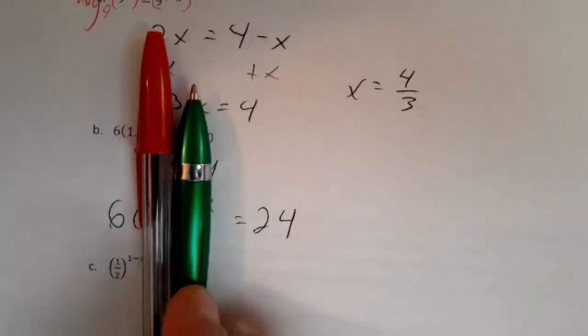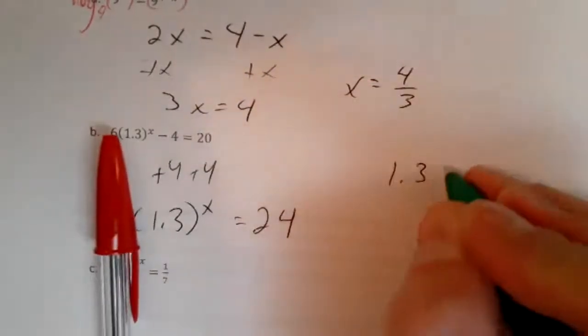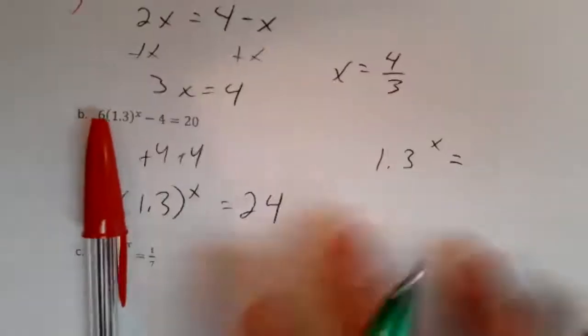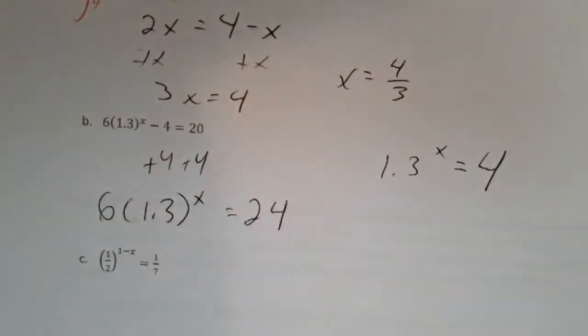The next thing I want to do is divide by that 6. And so I'm getting 1.3 to the x is equal to 24 divided by 6, which gives me 4. And now I have that exponent all by itself.